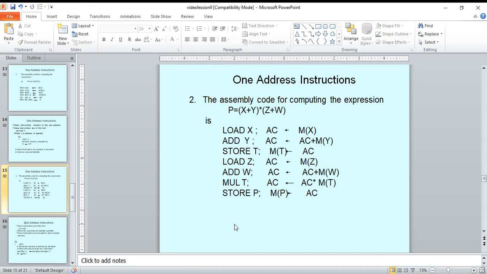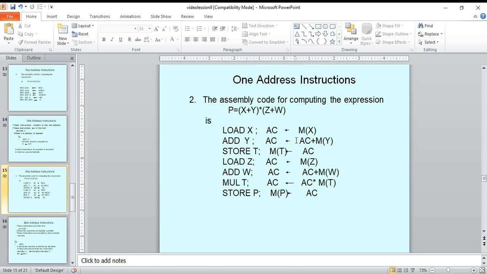For this instruction, to perform the addition of these two, before performing this operation we have to load the value into the accumulator register. Then after, we can perform the operation.